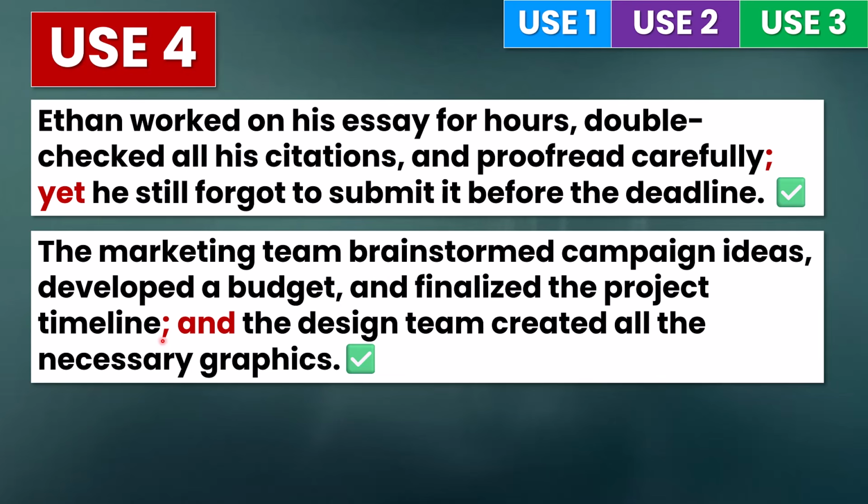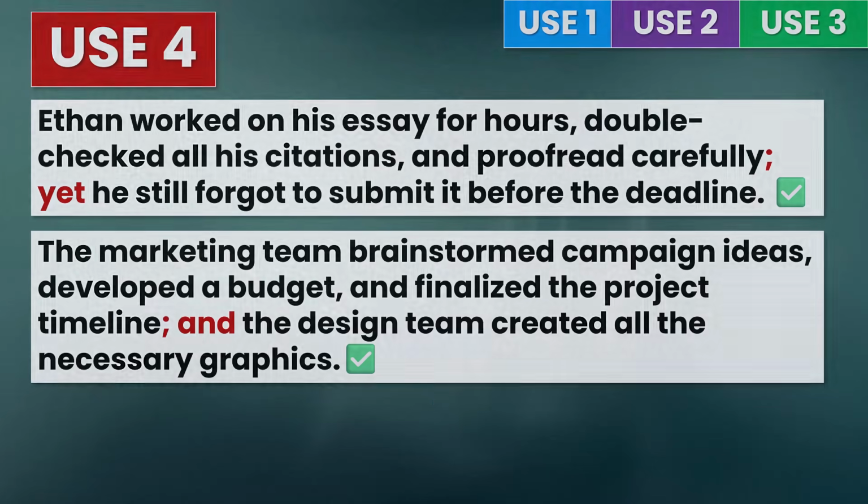Adding a semicolon before the second coordinating conjunction makes it clear that these sentences are separated and that the design team is not part of this list. So the marketing team did all of this, and the design team created all the necessary graphics. Once again, this is quite rare. Usually we will just use commas before coordinating conjunctions. So this is an option for you if your sentence is especially long and already contains a lot of commas.